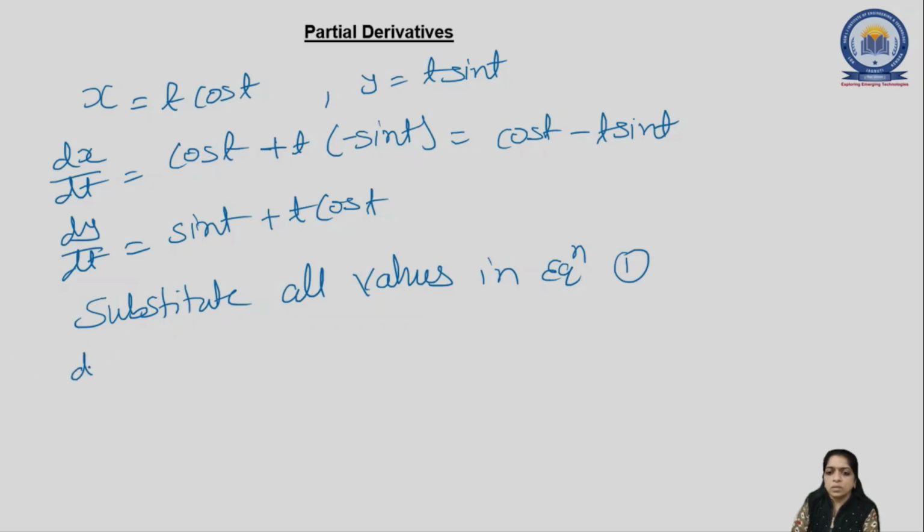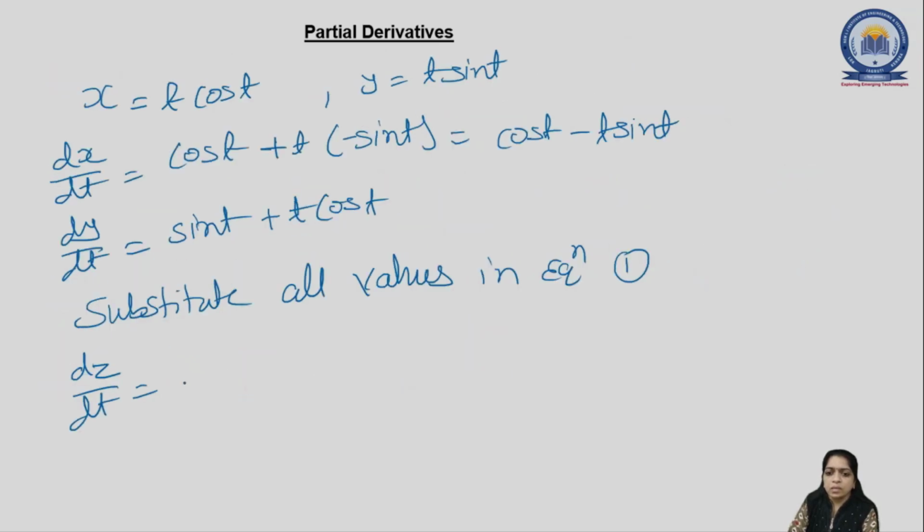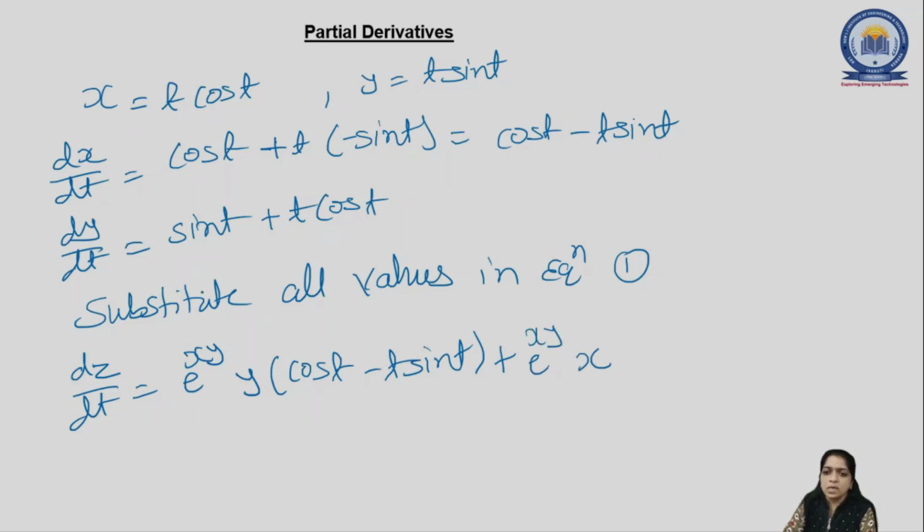So dz by dt is equal to the first value, del z by del x, that is e raised to xy into y, and dx by dt, that is cos t minus t sin t, plus the value of del z by del y, that is e raised to xy into x, and the value of dy by dt, that is sin t plus t cos t.